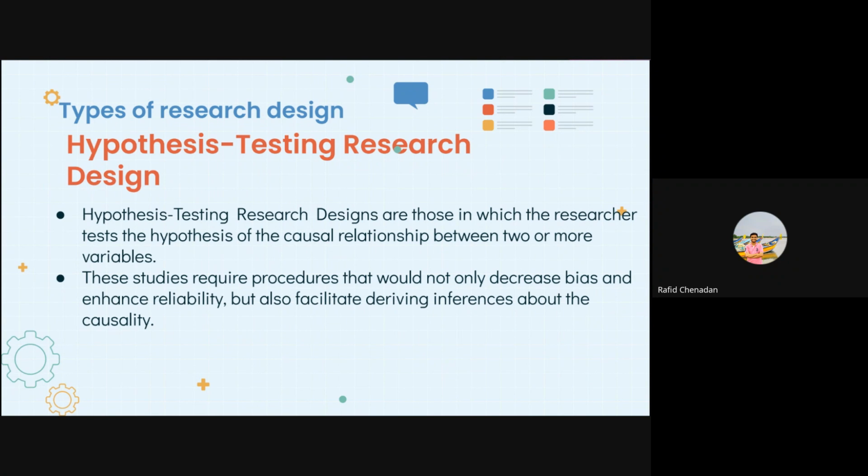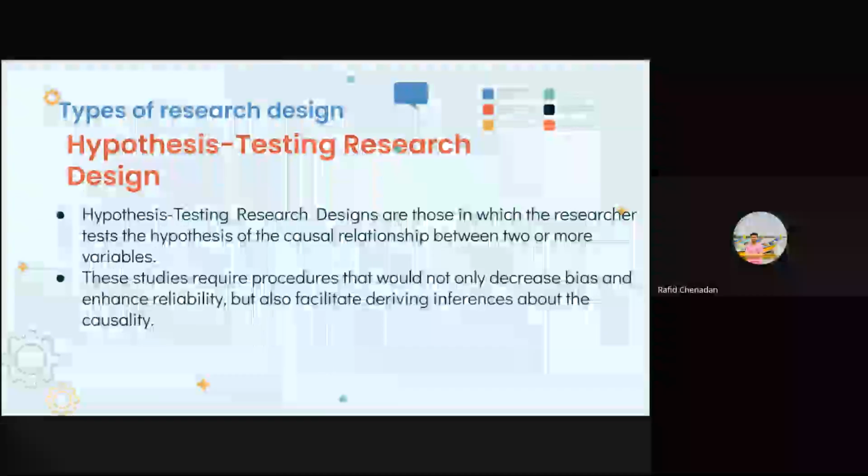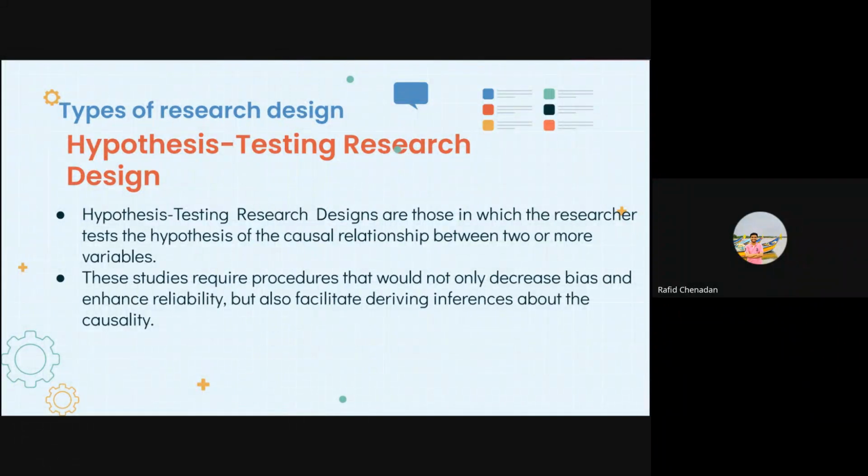And such studies require procedures that would not only decrease bias and enhance reliability. There is a decrease in the bias because I might find out that there is a good number of school children who don't even care about Instagram reels, who don't know that Instagram reels exist. If such things happen, then I'm embracing the fact that I was biased. But also they facilitate deriving inference about the causality.